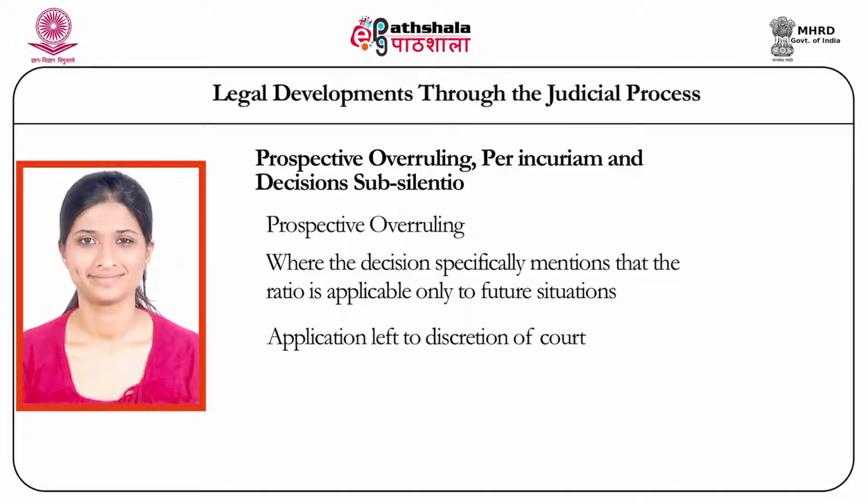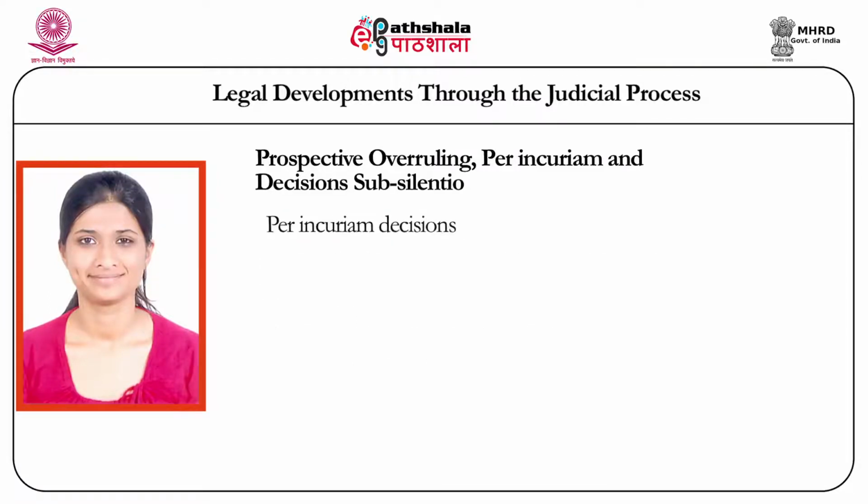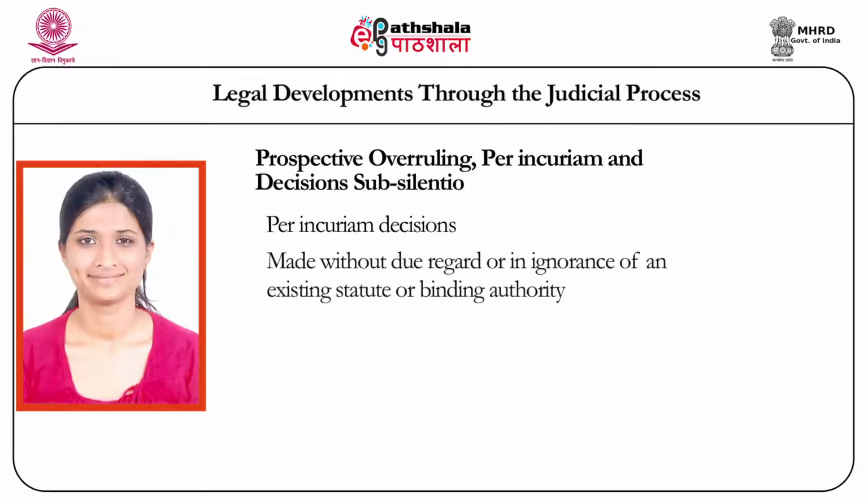Having understood the concept of prospective overruling, we will now proceed to the doctrine of per incuriam. Decisions rendered per incuriam are not binding on lower courts. Per incuriam decisions are those made without due regard or in ignorance of an existing statute or binding authority.